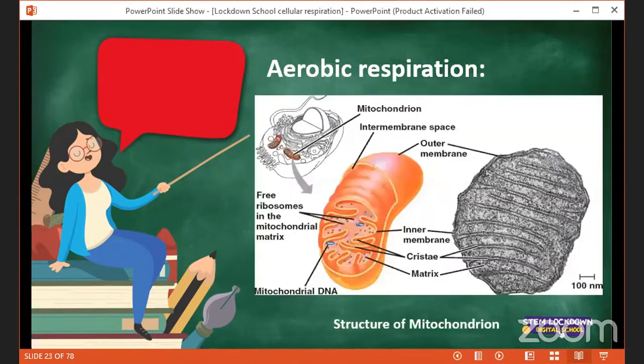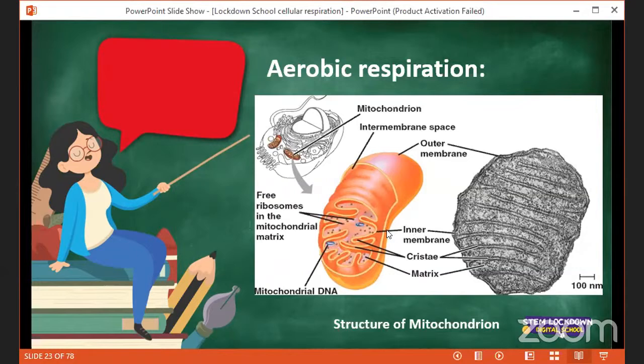So now here is a picture of the mitochondrion. Here we have these small dots. Those are your free ribosomes in the mitochondrial matrix. And there we have the mitochondrial DNA.